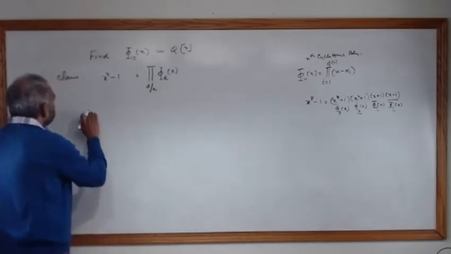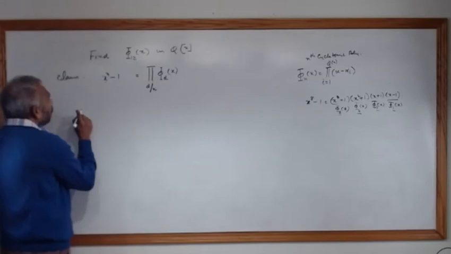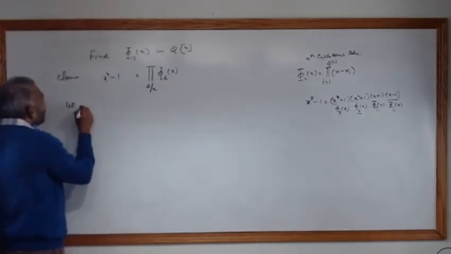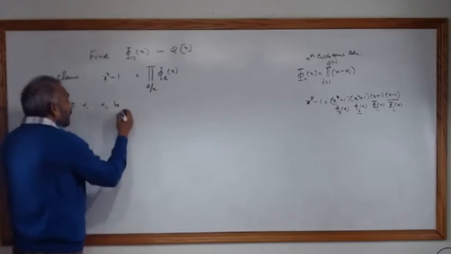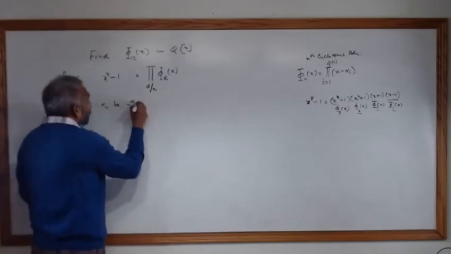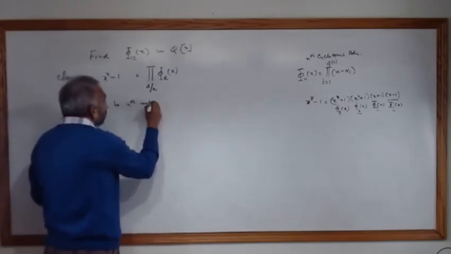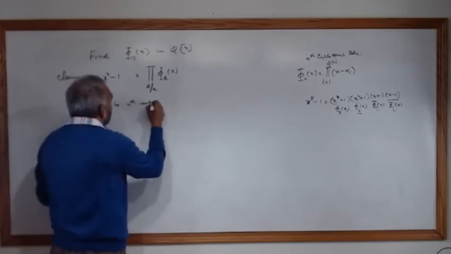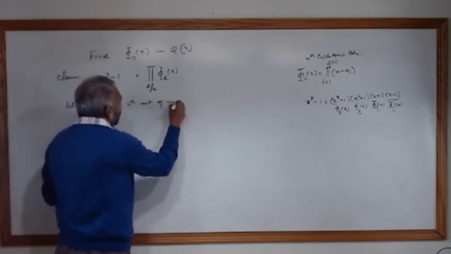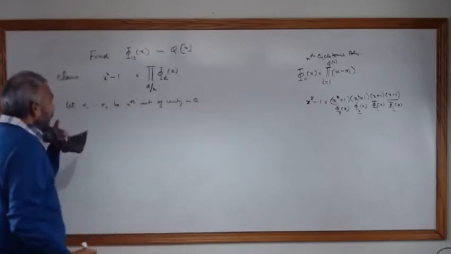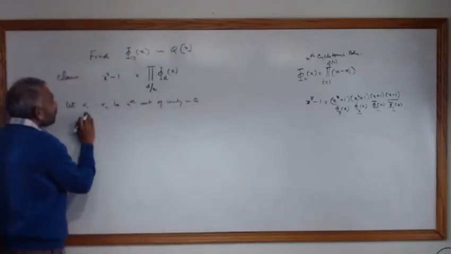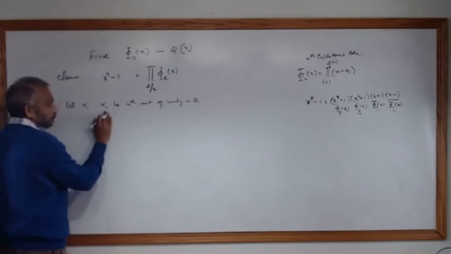So let alpha 1 to alpha n be the nth roots of unity in Q. So this includes some primitive roots.